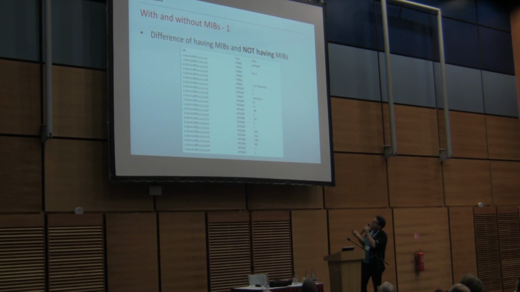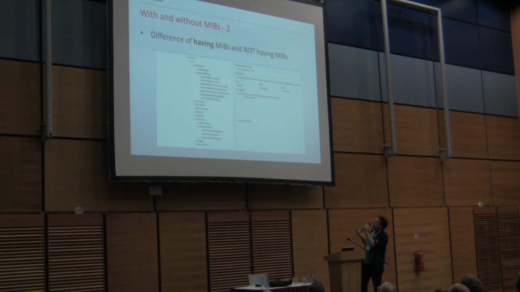So this is how it looks without MIBs, and this is how it actually looks with MIBs. So this is a big difference because we can now see that those numbers that we had before are actually a UPS exposing some data to us. And for example, we can see that this number that was there before that we didn't have a clue what it was is actually UPS battery temperature given in tenths of a Celsius degree.